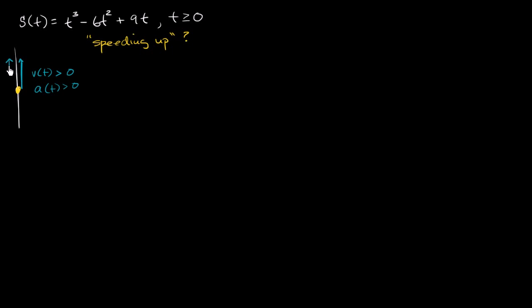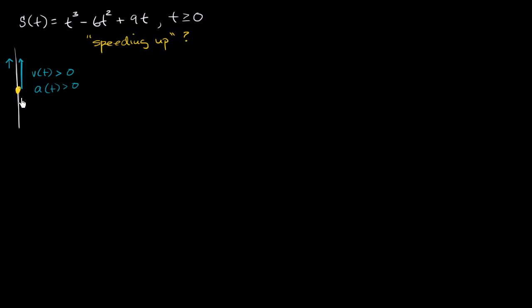If our acceleration was 0, then we would be moving at a constant velocity. If our acceleration were negative right over here, that means we would be slowing down. We would be decelerating in that direction. Now let's think about when else we could be speeding up.